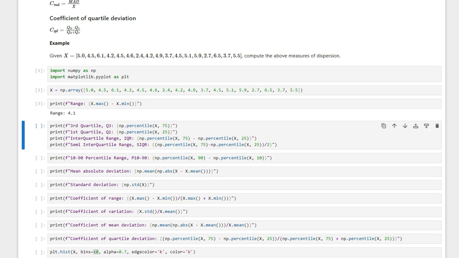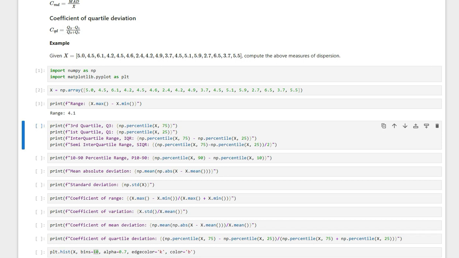And then for quartile computation, we'll use the percentile function, numpy.percentile. We'll give the input array, and then we'll compute the 75th percentile, which is Q3, or the third quartile. And for the first quartile, we'll compute the 25th percentile.